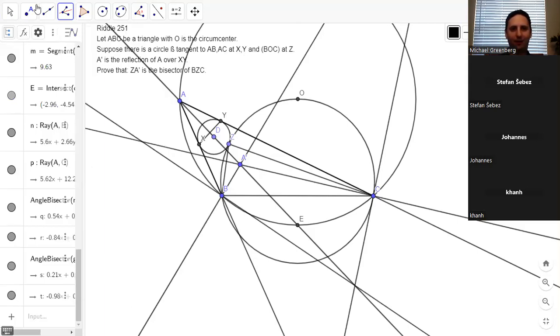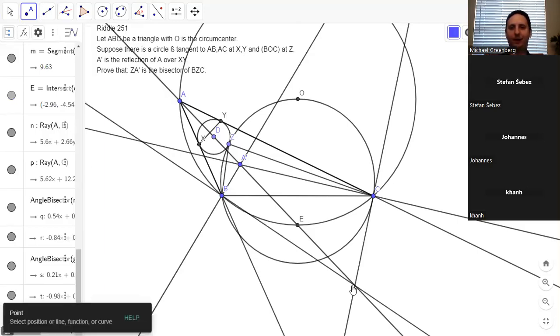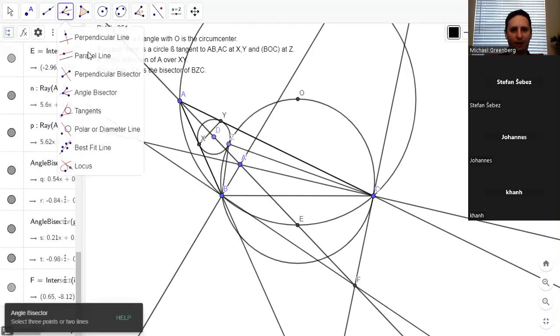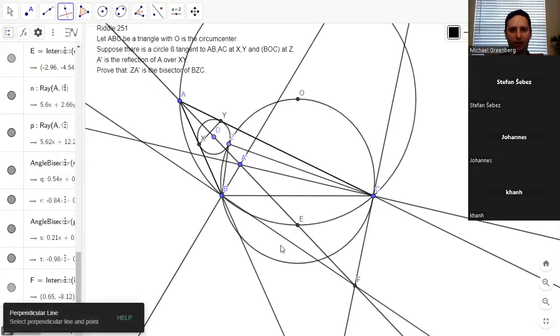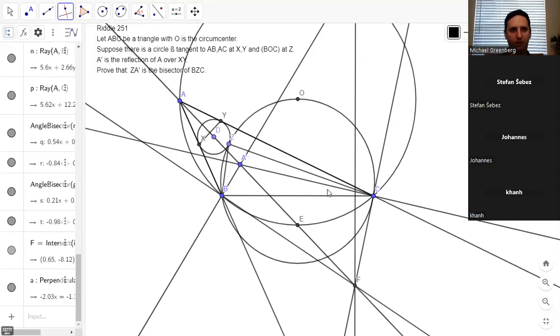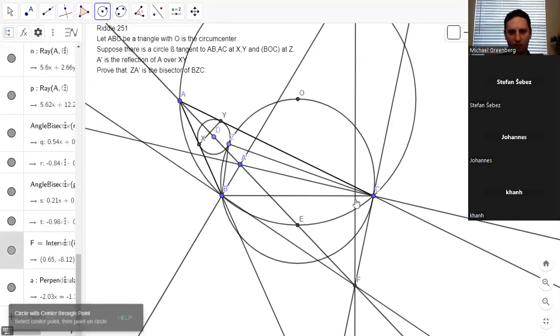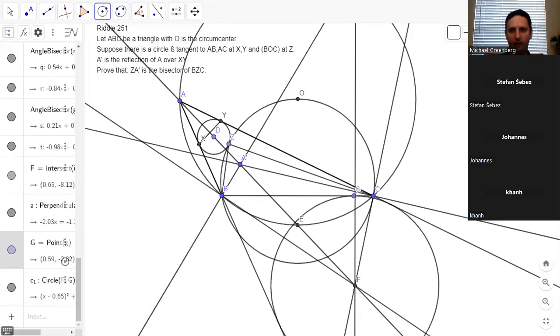Actually, I don't even know if I need to draw the other one because I already have the angle bisector. But this is the X center, and this is the X circle.